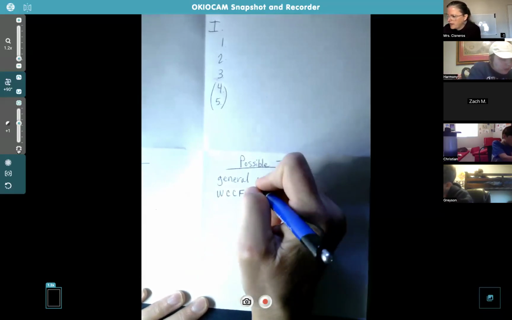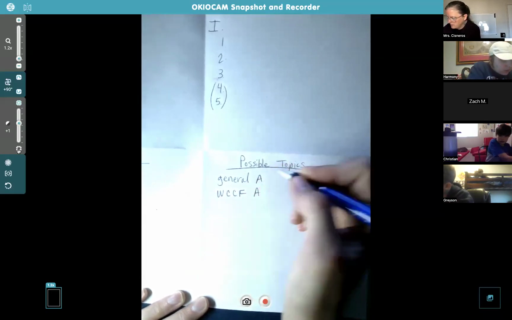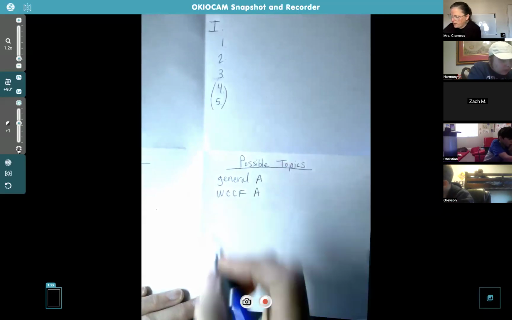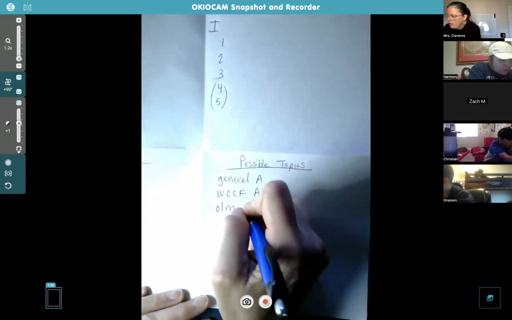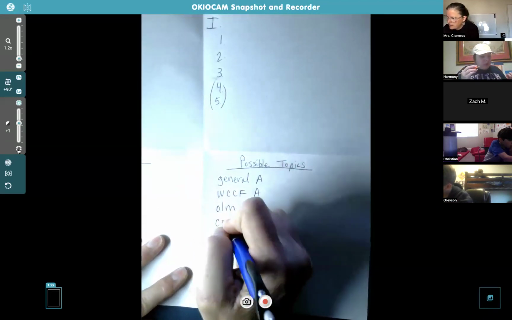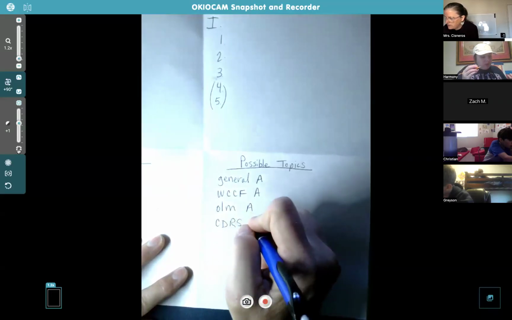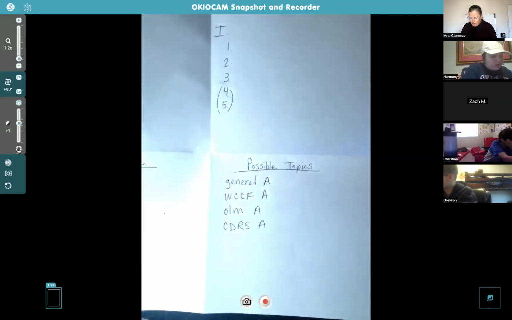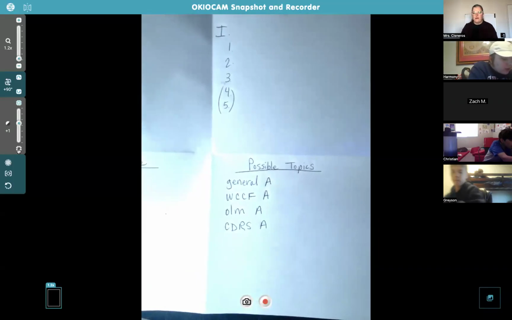Oh yeah, and we're going to put A next to all of these. On the back, we had Olm, A, and then CDRS, and that's also in Article A. Those were the four paragraphs we just read about in the first article, Article A.